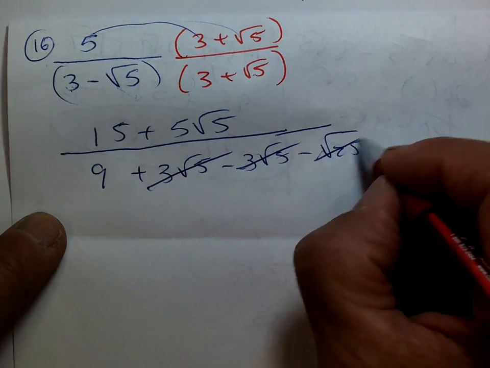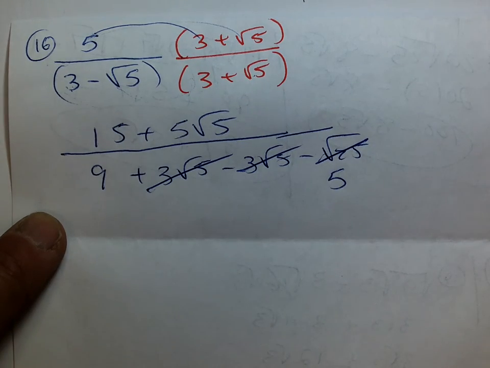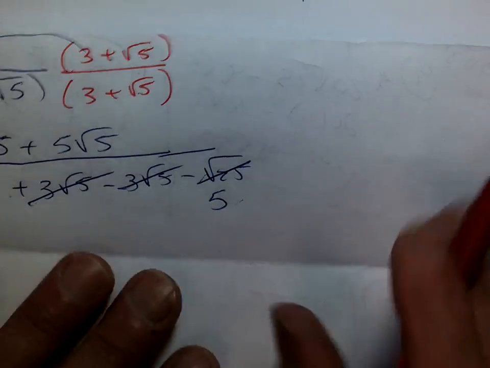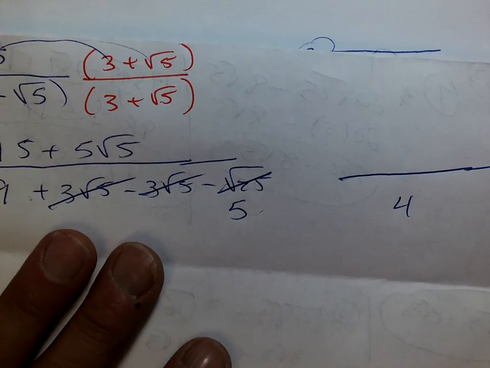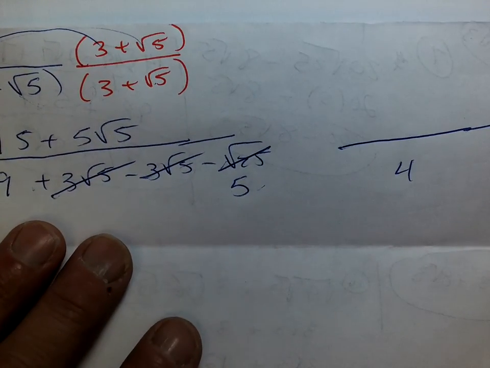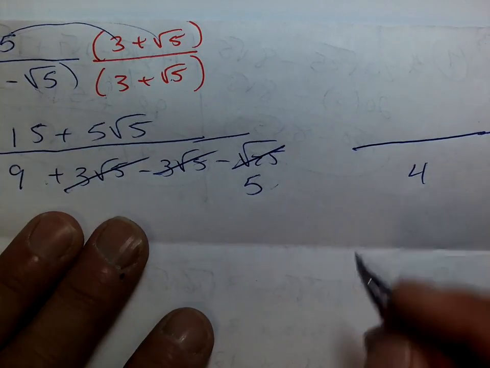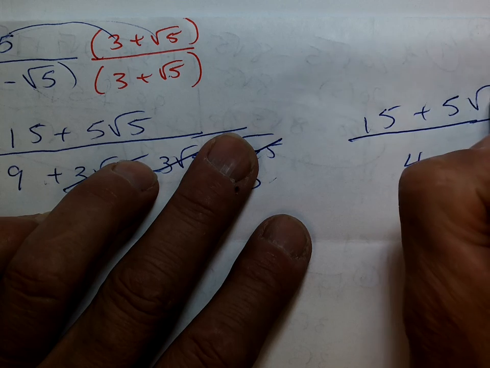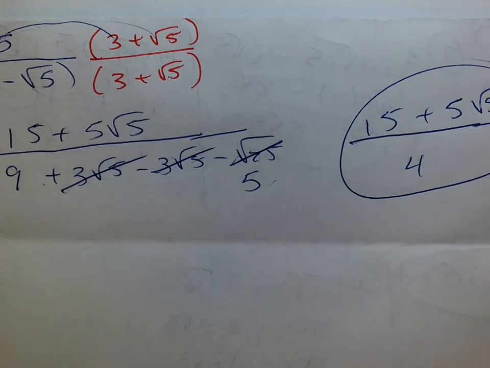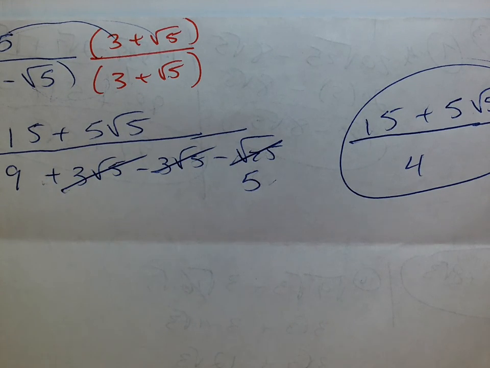And that becomes a plain old 5. And 9 minus 5 is 4, and there's no longer a square root in the bottom, is there? Or in the denominator, if we want to use fancy math words. But in the top, or the numerator, we have 15 plus 5 square roots of 5. So we've cleared the denominator, we've rationalized the denominator. There's no longer a square root in the bottom, okay?